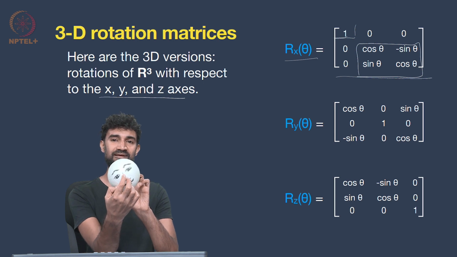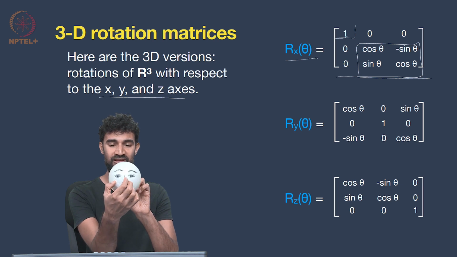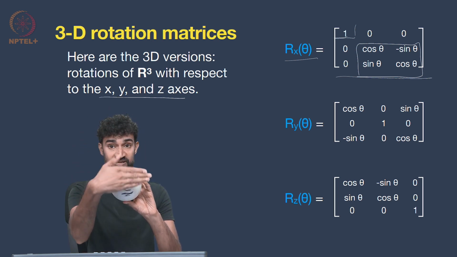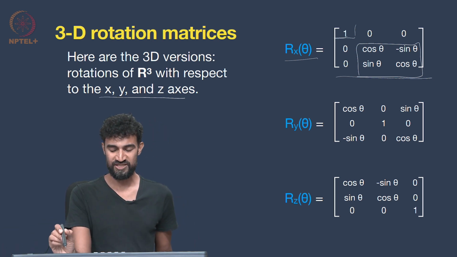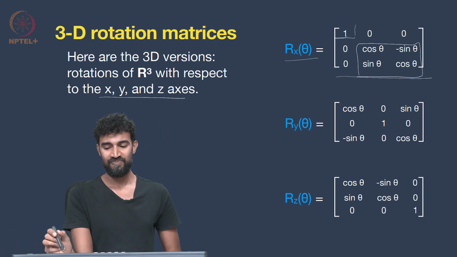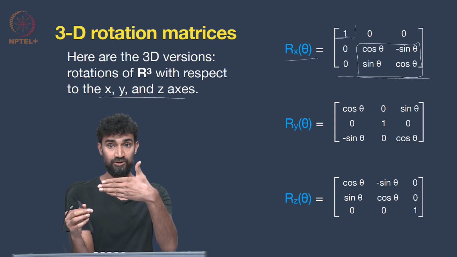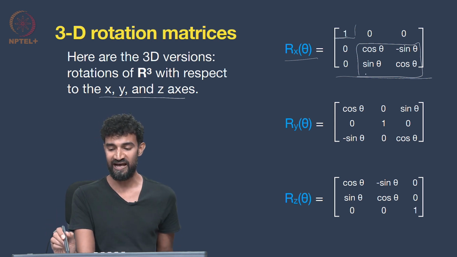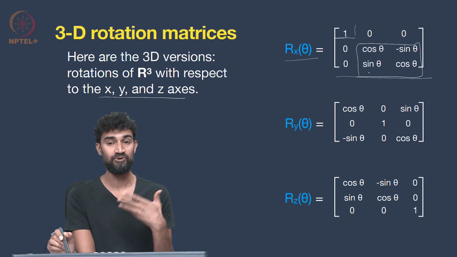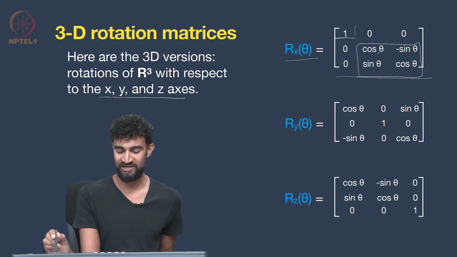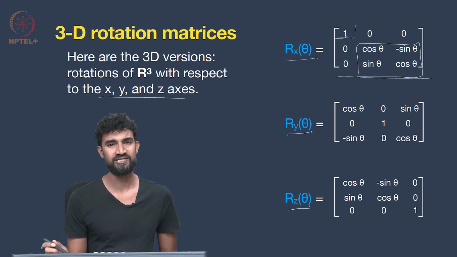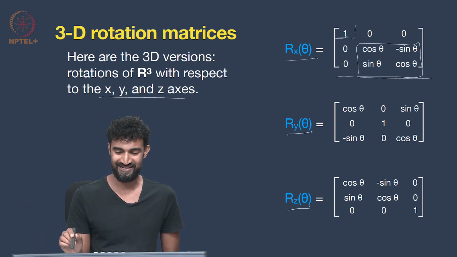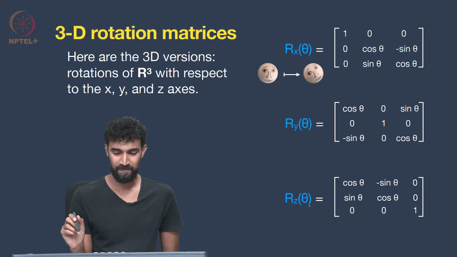And those are changing in the same way, essentially by a 2D rotation in every plane that's perpendicular to the x-axis. So that's exactly what this matrix is doing. It's holding the x-coordinates fixed. It's rotating each plane perpendicular to the x-axis by the same old 2D rotation matrix in those yz coordinates. And we're doing similar things with the other two rotation matrices. So these 3D ones are actually not that hard to unpack and understand.